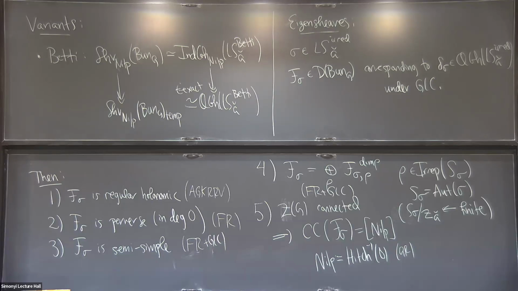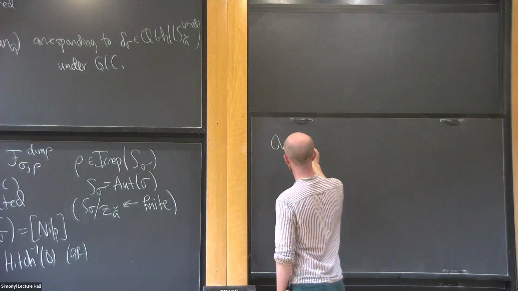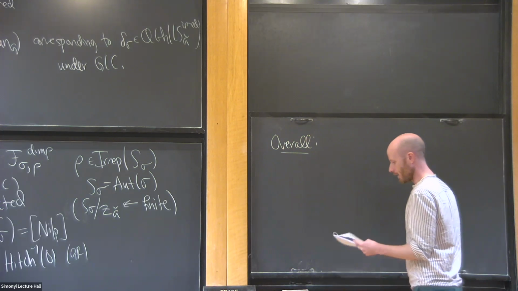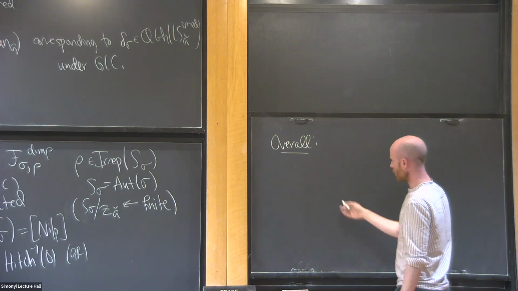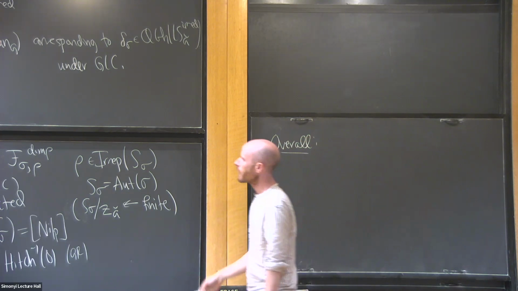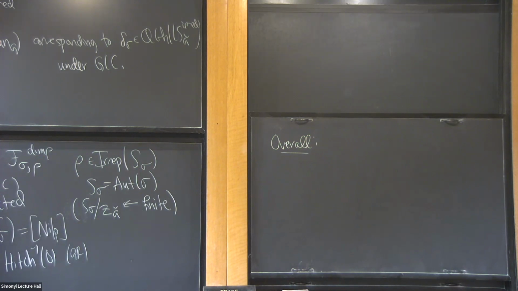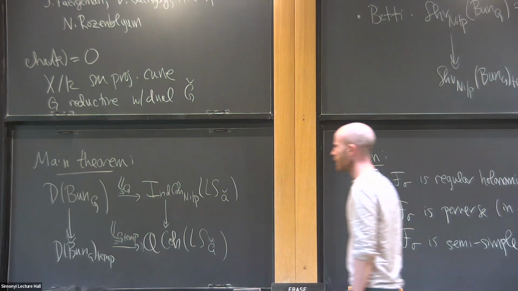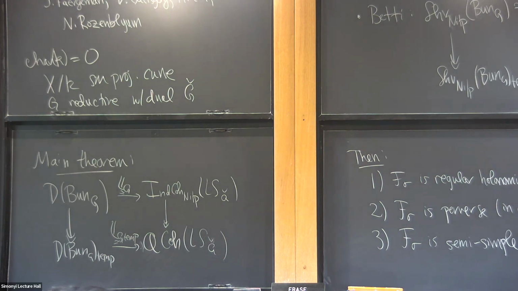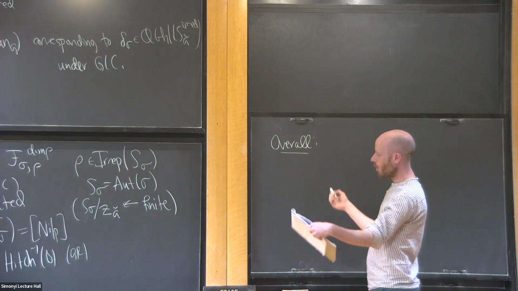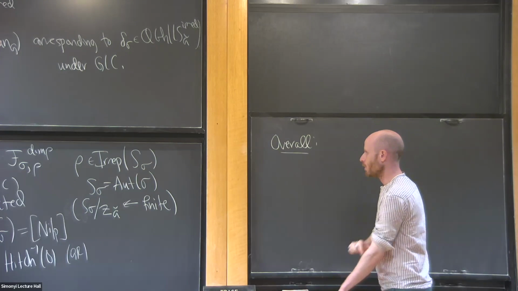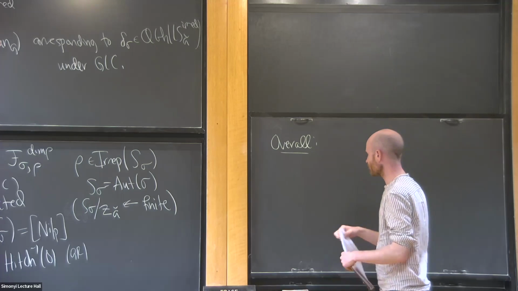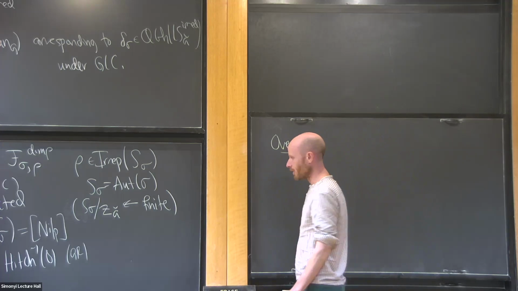So what I want to do is give an overall strategy of how we'll do this. I'm going to focus on the main theorem, stating that there's this geometric Langlands equivalence, and give an overview of what we do in order to prove it as best I can in the time allotted.